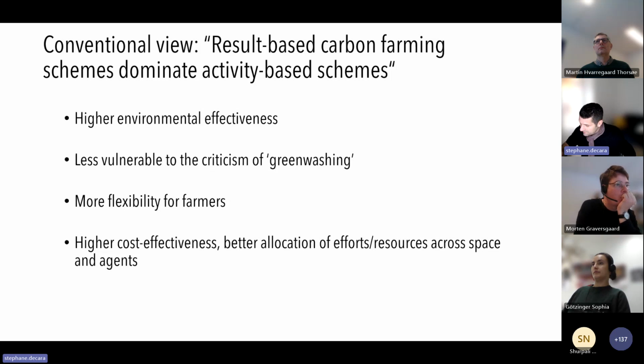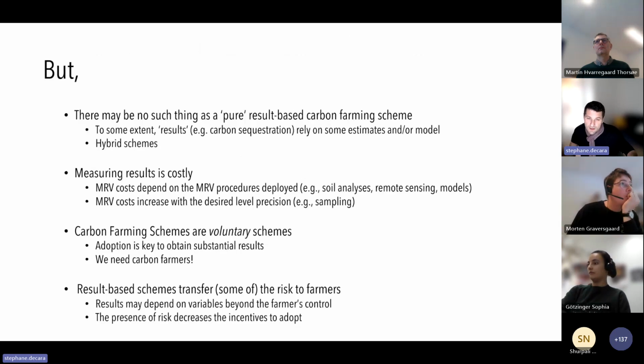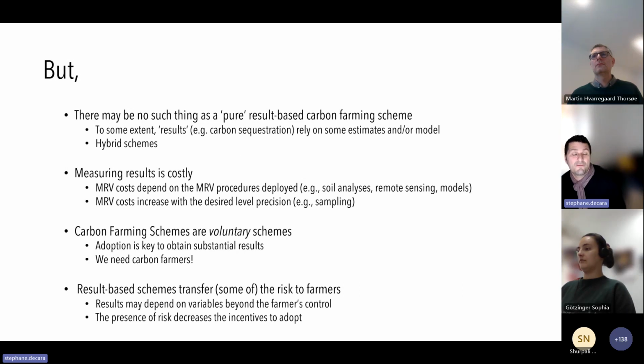So that's the conventional view, but there are caveats. The first one is that it's very difficult to draw a clear line between pure action-based or activity-based schemes and pure result-based schemes, because to some extent, especially in the case of carbon sequestration, the environmental outcome, the results, do rely at some point on some estimates or models.